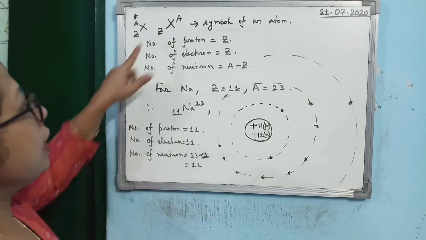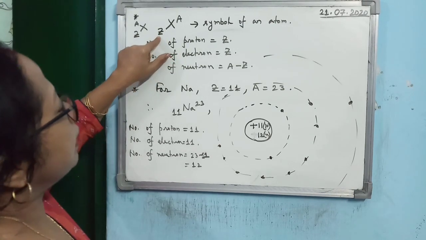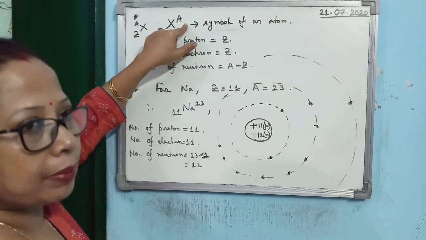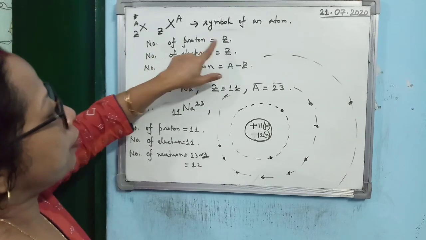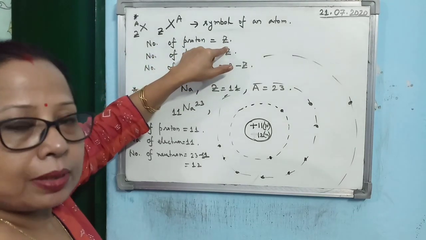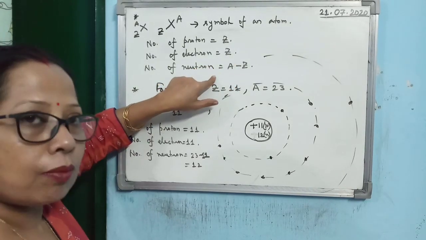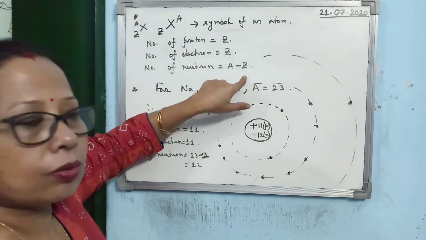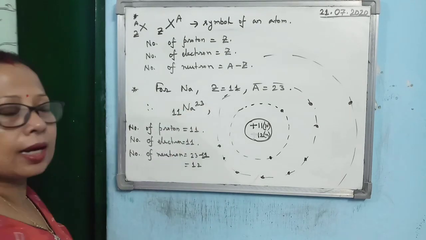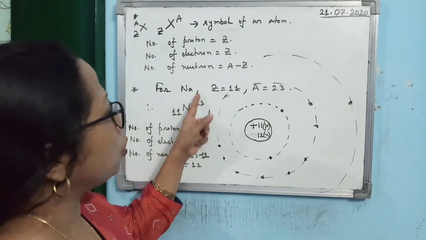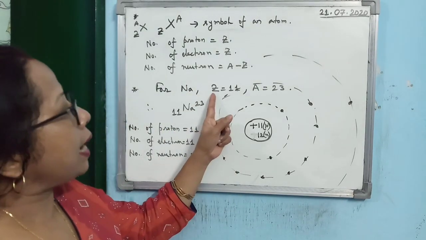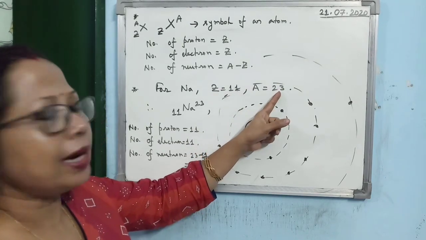Now, if the atomic number is Z and mass number A, then the number of protons in the atom will be Z, the number of electrons will be Z, and the number of neutrons will be A minus Z. I have given just one example. If you consider sodium, it has atomic number 11 and mass number 23.